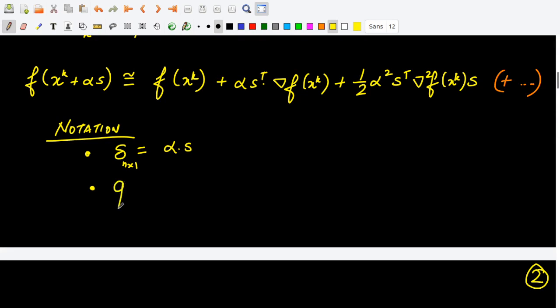We can use small g in place of the gradient, and capital G in place of the Hessian.